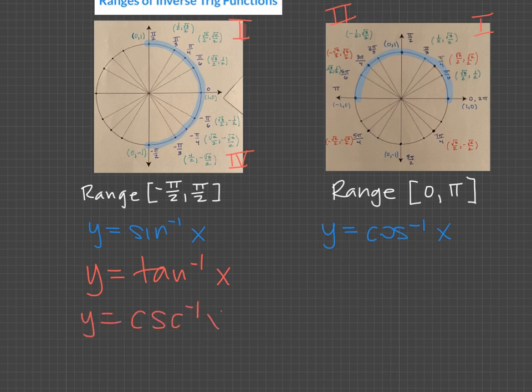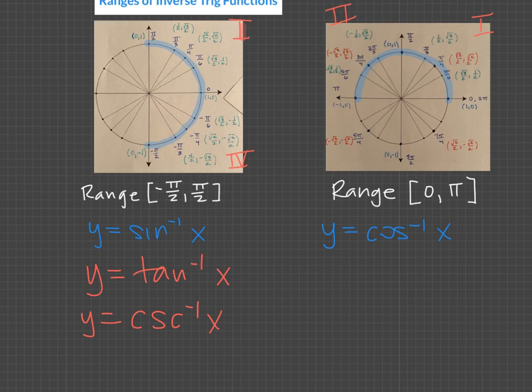And remember, cosecant is the reciprocal function for sine. Those 3 inverse functions have a limit on the range, what the resulting function value is, from negative pi over 2 to positive pi over 2.